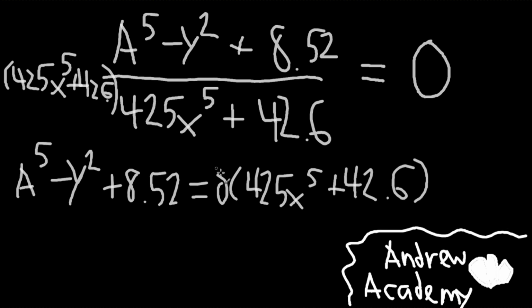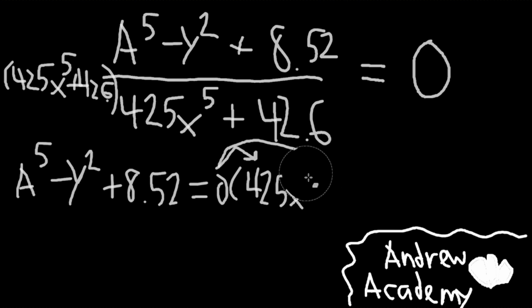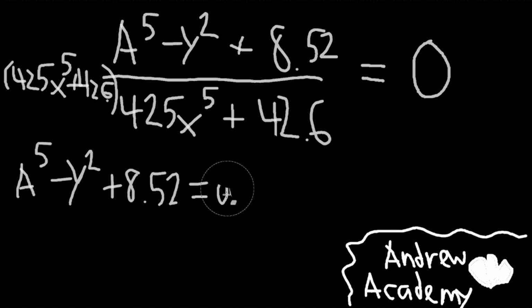Now we can use the distributive property to multiply 0 and 425x to the power 5, which will just give us 0, as well as 0 times 42.6, which will also give us 0. So what this gives us is just a to the power 5 minus y squared plus 8.52 equals 0. So we're just going to get 0 at the end of this. Let me just write 0 right there.